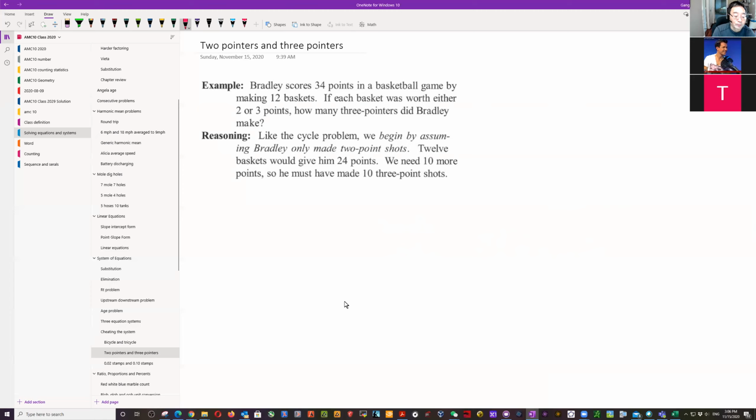So I'm going to make another assumption: that he only makes 3-pointers. If he just makes 3-pointers, he will score 36 by making 12 baskets, because 3 multiplied by 12 equals 36. And 36 is 2 extra than 34.